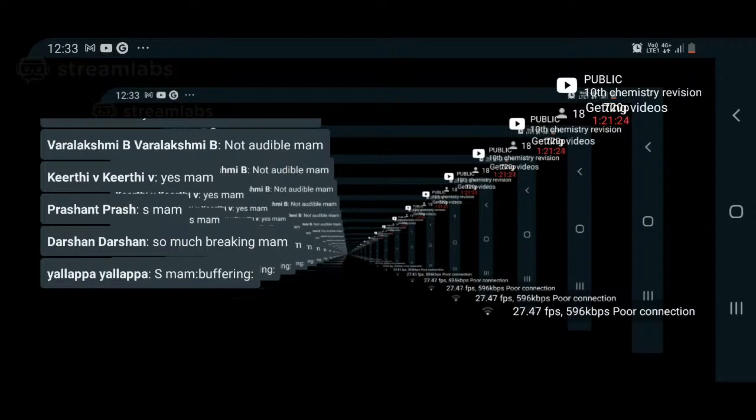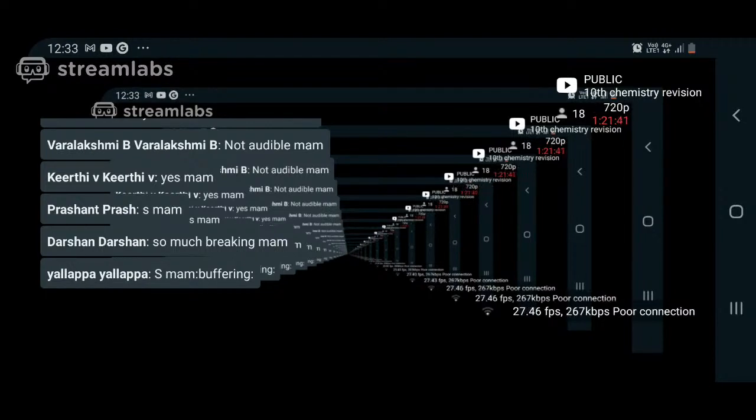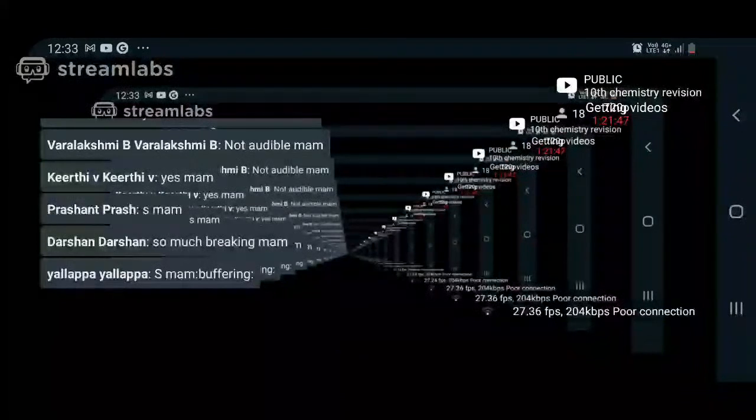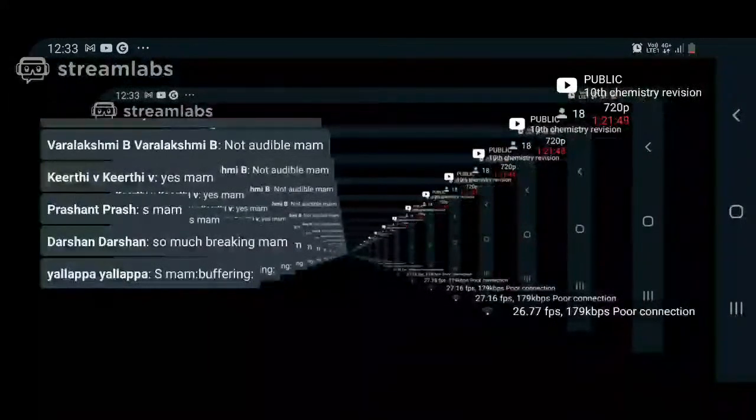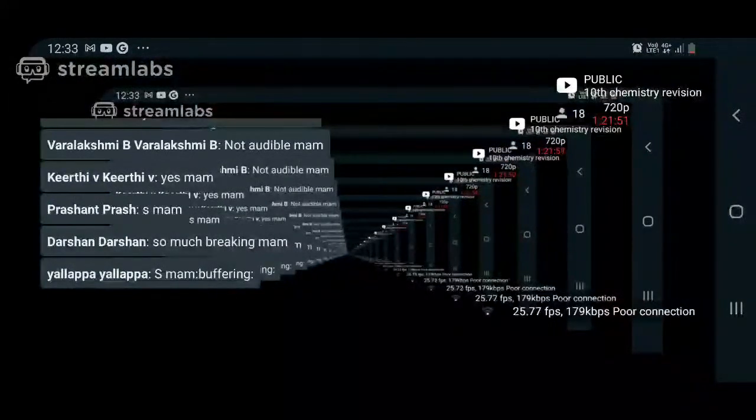And next are metallic and non-metallic properties. Metallic properties mean losing of electrons. Non-metallic properties mean gaining of electrons. So this is about the periodic table and its trends.